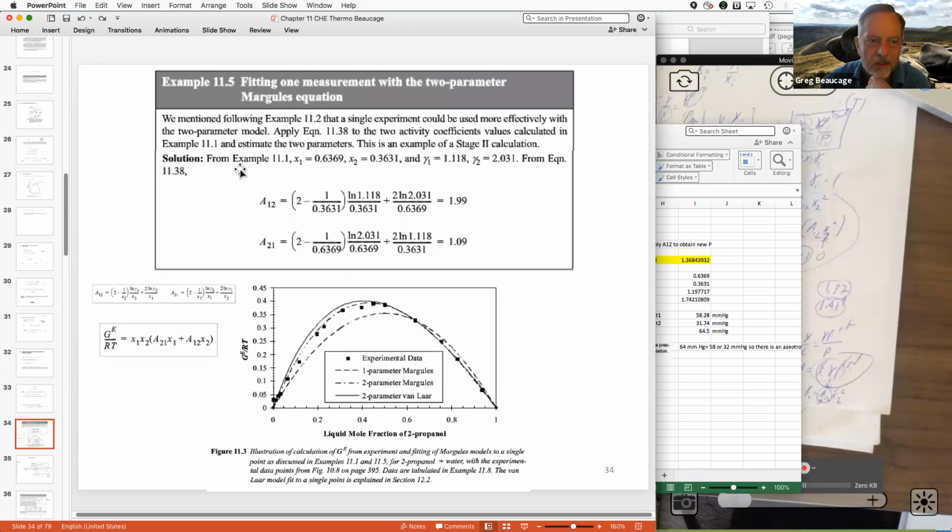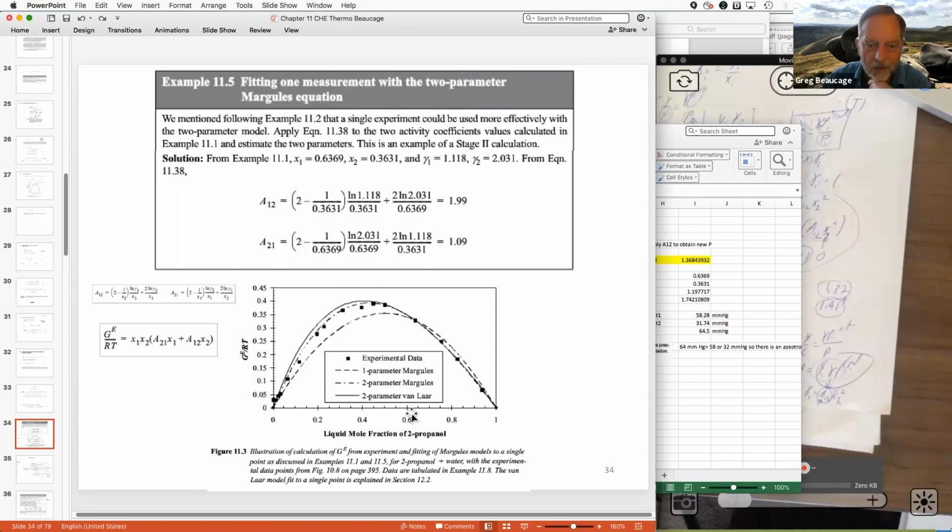So 11.5 is an example of that. It gives the numbers; just calculate A12 and A21 using those equations. So you can get the two, and you can use those two parameters to calculate the GE, and that matches the data almost exactly. In this case, it's taking the information from 0.6369, which is pretty close to the azeotrope condition.